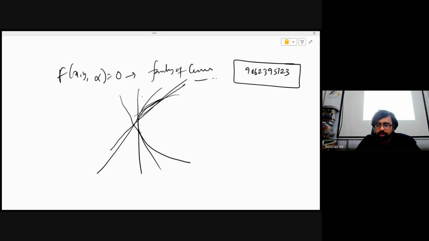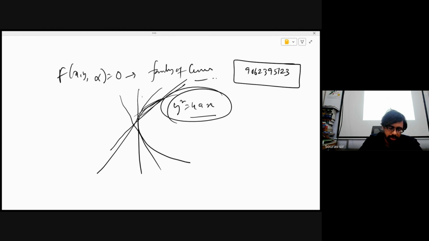There are four lines like this, and this is maybe y square equal to 4ax.